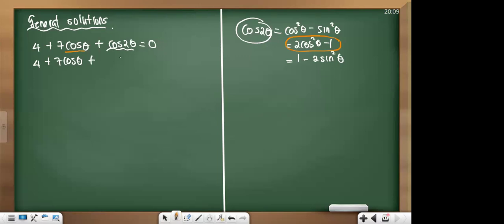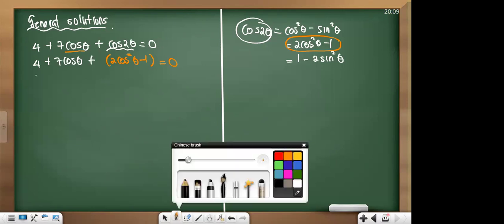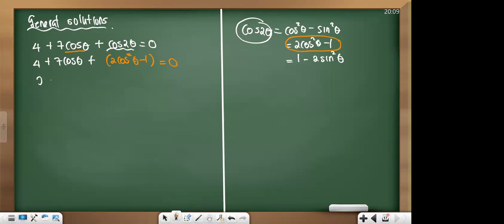This will be 2 cos squared theta minus 1. 1 mark for changing. So this will be 2 cos squared theta minus 1 plus 7 cos theta plus 4 equals 0. And let's group like terms.